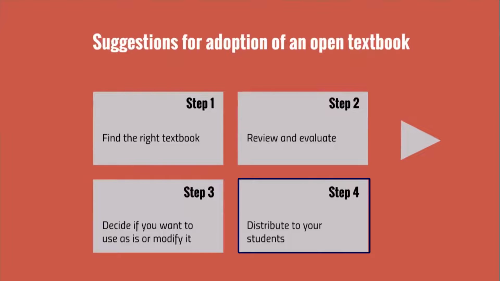There are a number of ways in which you can do this. You can provide the link to the textbook to your students. They will have the option to select which file type they would like to download. Alternatively, you can download copies of the book and put them on another site.